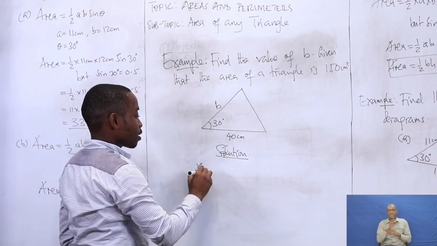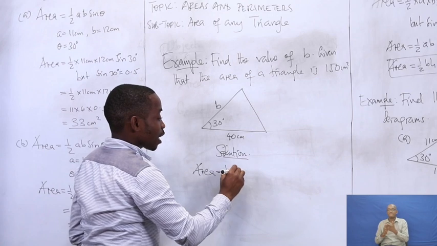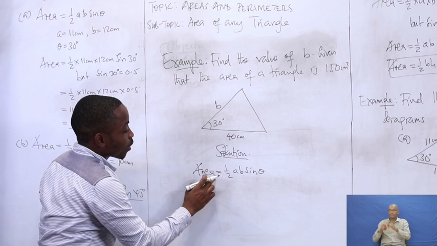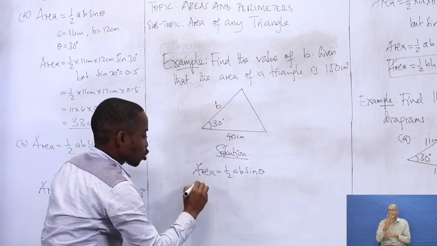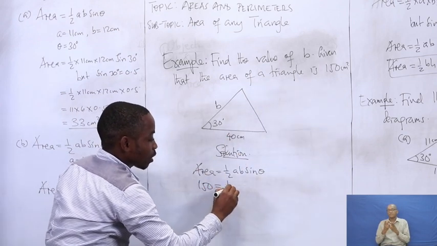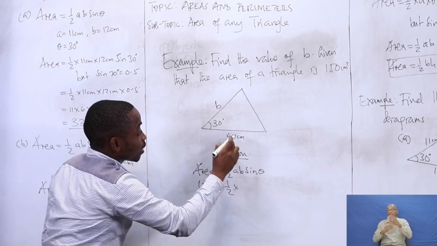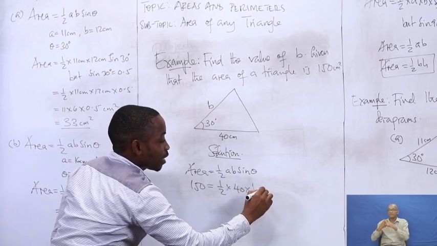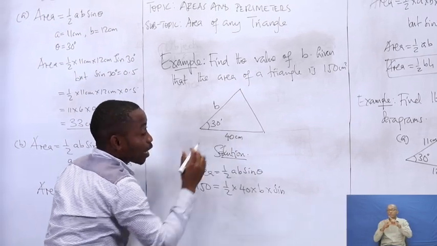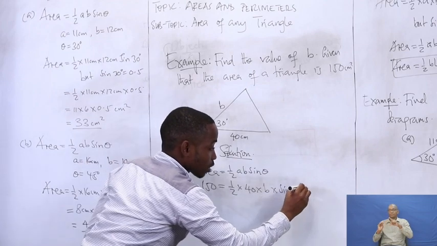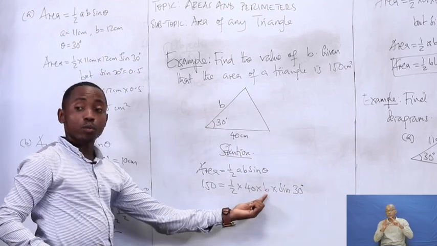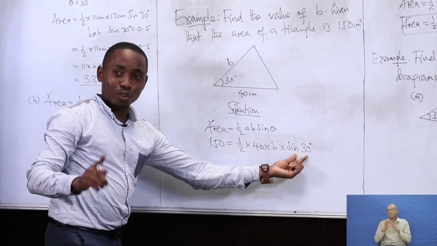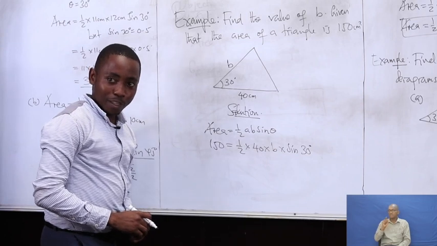Now, we can do the same by using our formula. The formula says area equals a half times A times B times the sine of the angle between. Once you substitute, we are told that the area equals 150. So we substitute 150 equals a half times the first side A, which is 40, times the second side B, the one we need to find, times the sine of our angle between, which is 30. Now it is possible to get the value of B, since we know that sine 30 equals 0.5.